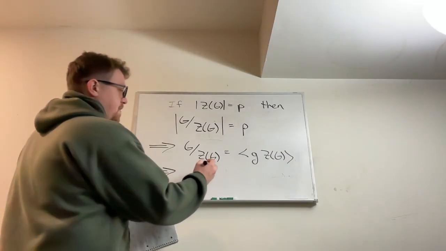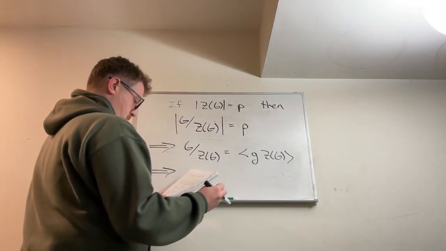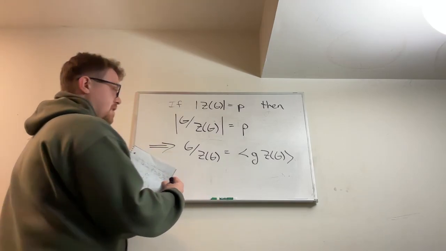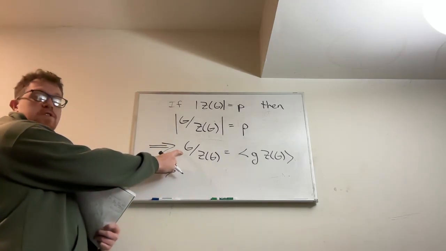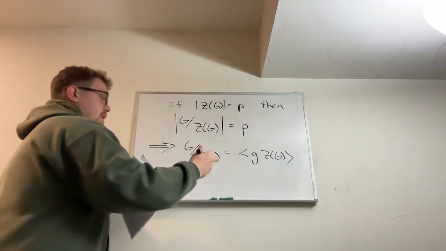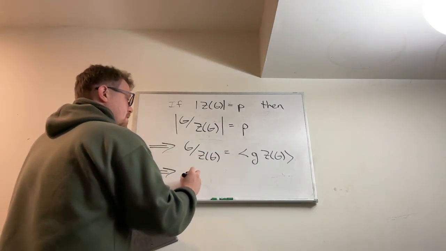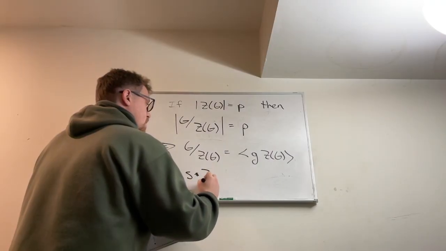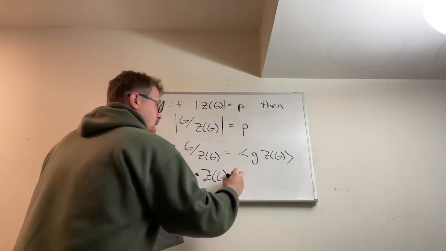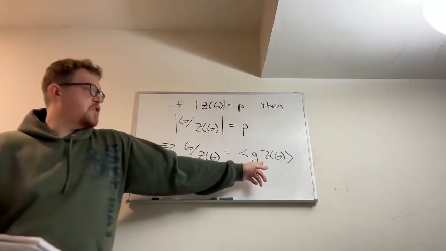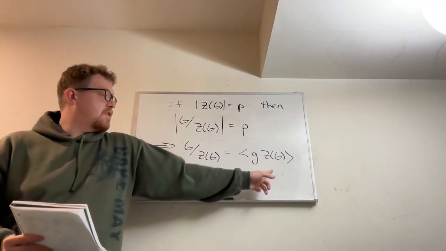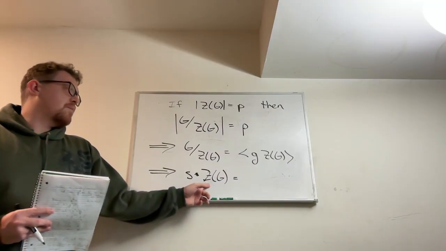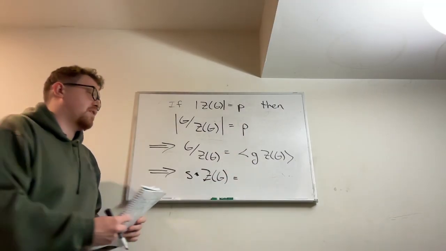So, for instance, let's just call it S. Let's say S is some arbitrary element from the group. Then we know that S times the center as a left coset, well, g times the center generates this group, so S times the center must be g to the k times the center for some k.